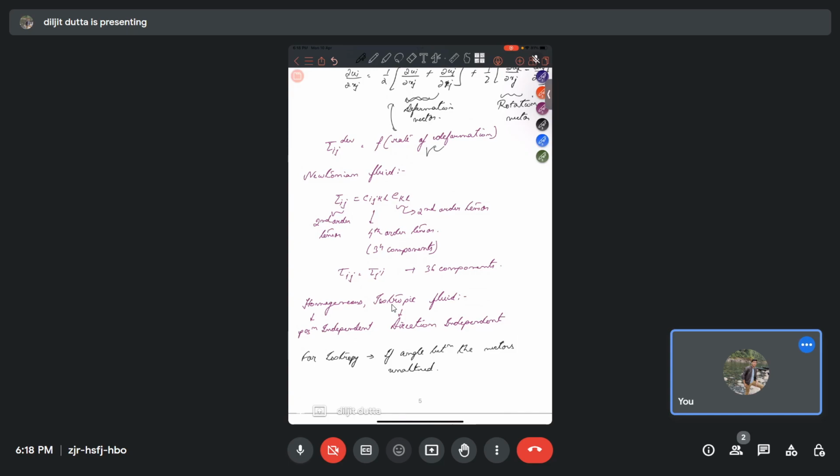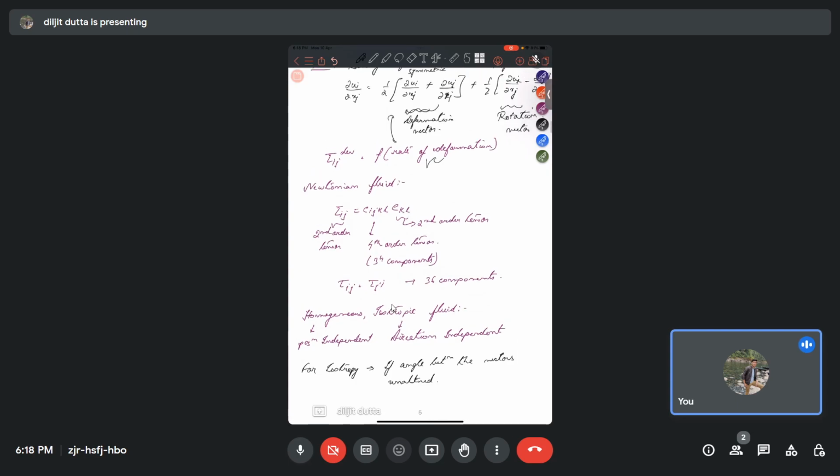The first thing is tau_ij. The tau_ij is a second order tensor, since there are only two indices, i and j, and it depends on the deformation tensor epsilon_kl, which also has only two components.